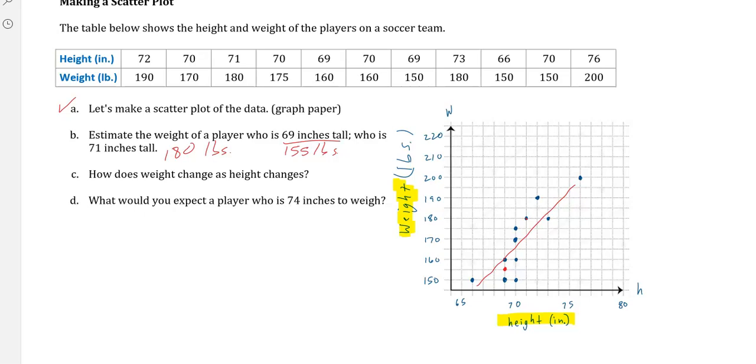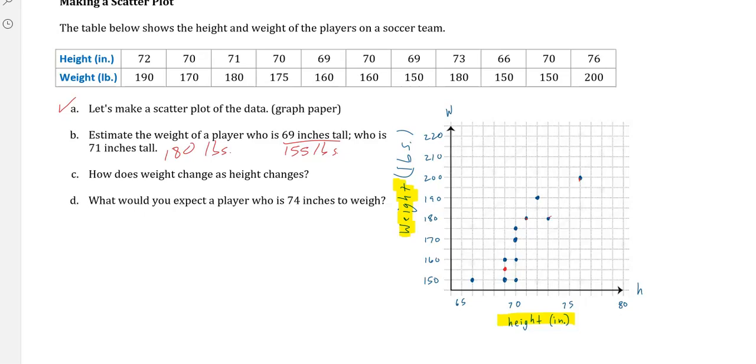Now, what would you expect a player who is 74 inches tall to weigh? Well, let's take a look here. Here's 75, we don't have 75. We have 76, and here's 73.